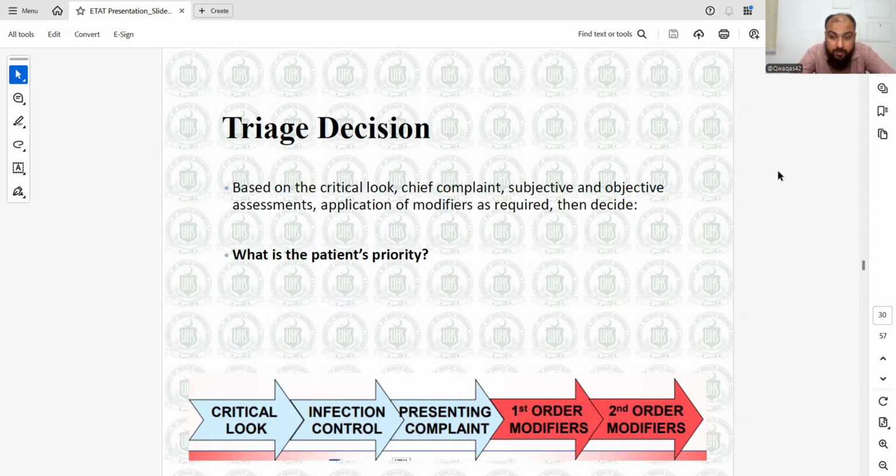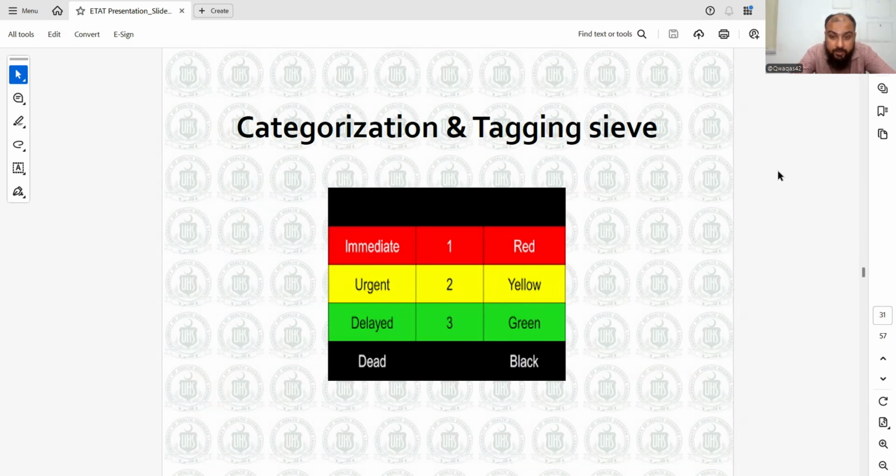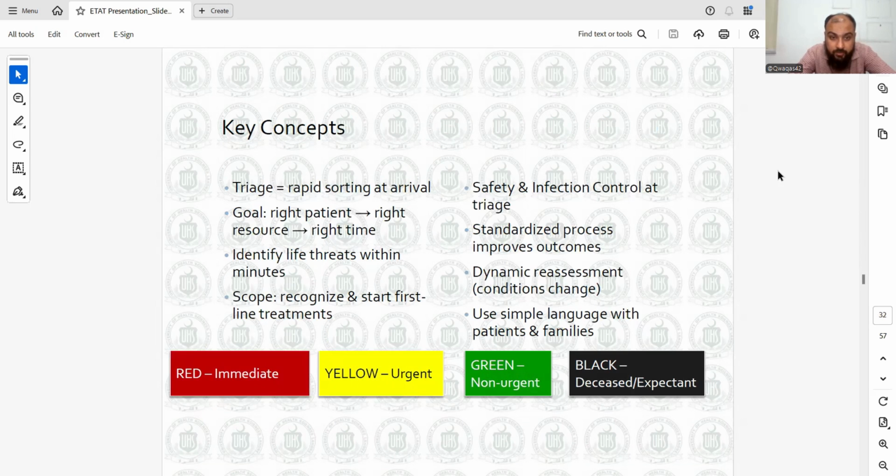What is the patient's priority? Categorization. Immediate is labeled red, urgent is yellow, delayed is green, and dead is black. Key concepts: triage is rapid sorting at arrival, the right patient, right resource and right time.